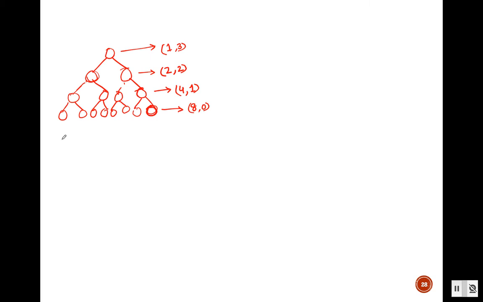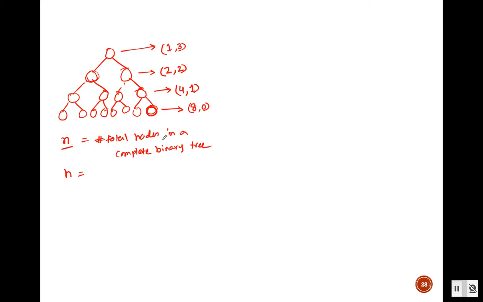So say n is the total number of nodes in a complete binary tree. It is given. And in a given height h, what is the maximum possible number of nodes in the tree?